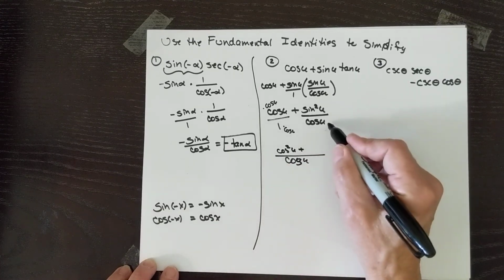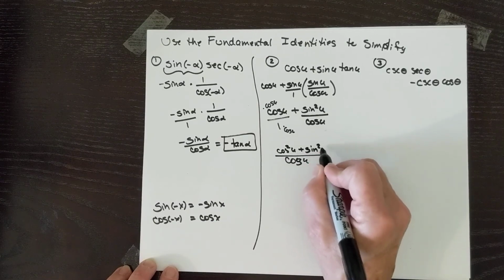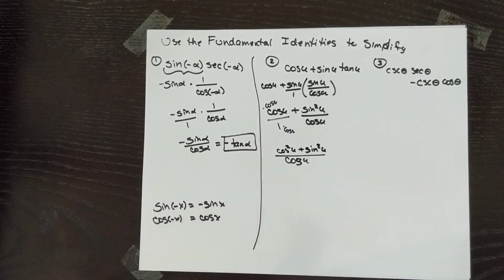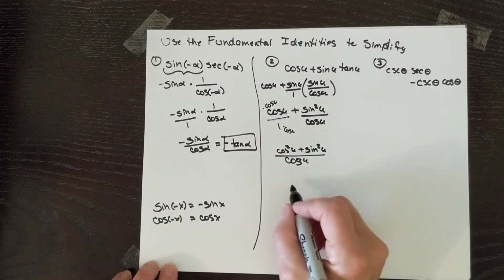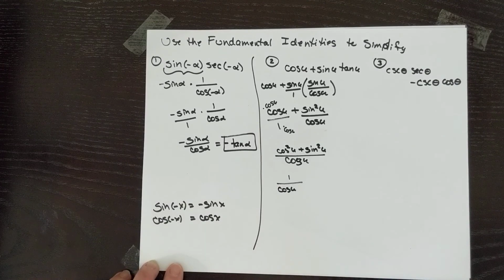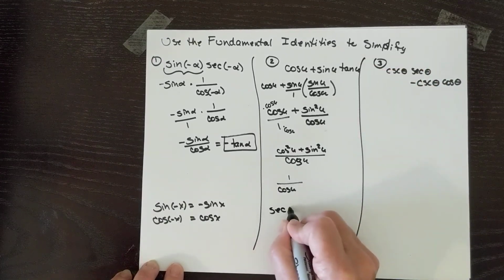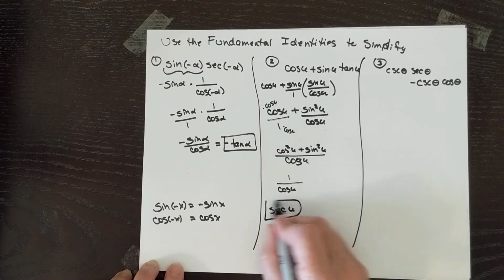The other term already had a denominator of the cosine of u, so we just combine the numerators. There's a trig identity that says the sine squared of x plus the cosine squared of x is 1, or, because addition is commutative, the cosine squared of x plus the sine squared of x is 1, and that applies to the angle u as well. So this is just 1 over the cosine of u, which can be written as the secant of u, because 1 over cosine is the secant of u.